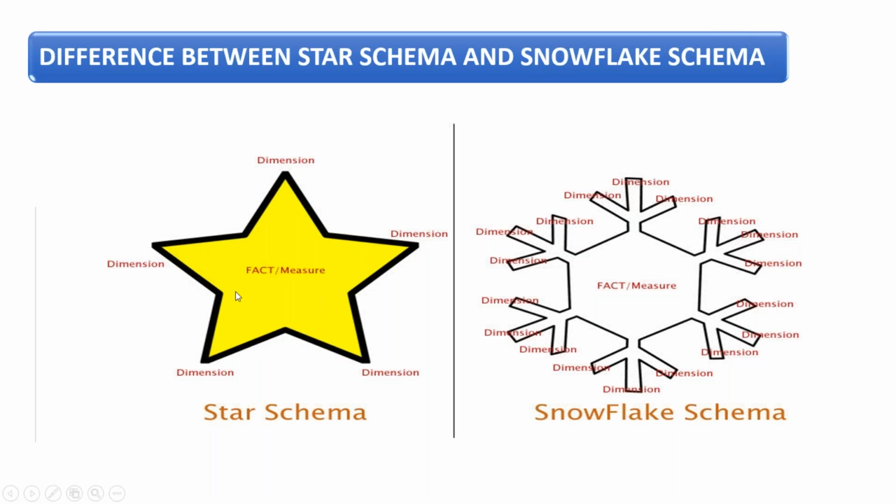Sure. So the fact table, or the measure, contains the values. For example, how many sales quantity was there? What was the amount? So for example, we come to our earlier example of mobiles. The fact table may contain the number of mobiles sold.